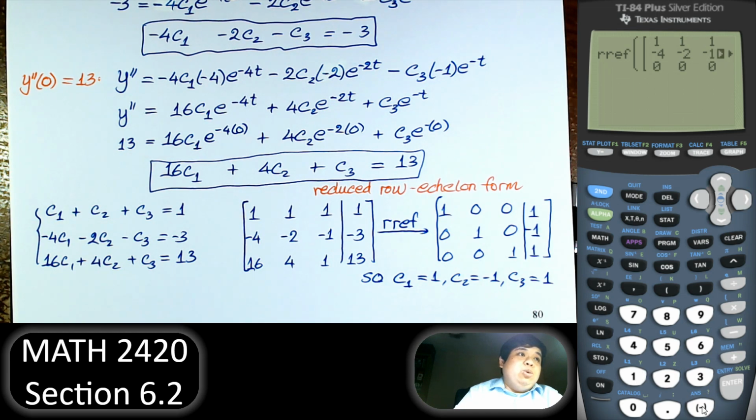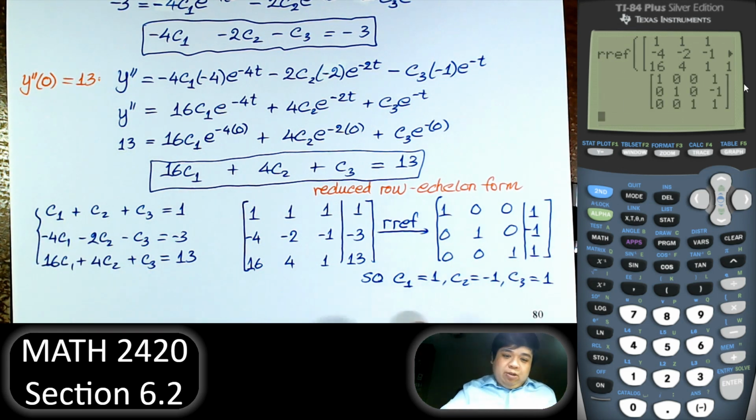Also, we use the negative sign, don't use the subtract sign. 16, 4, 1, and 13. When we enter the numbers, use this to navigate between the cells. When we're done, hit enter.